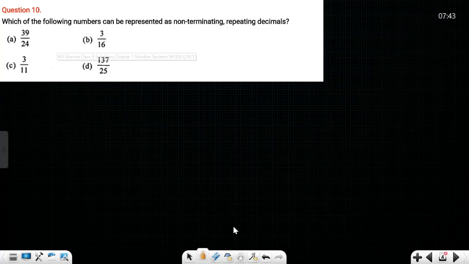Next question. Which of the following numbers can be represented as non-terminating and repeating decimals? Very important question. Non-terminating but repeating. When will you have repeating? Sir, see carefully. When you have any fraction, you will have numerator and denominator.